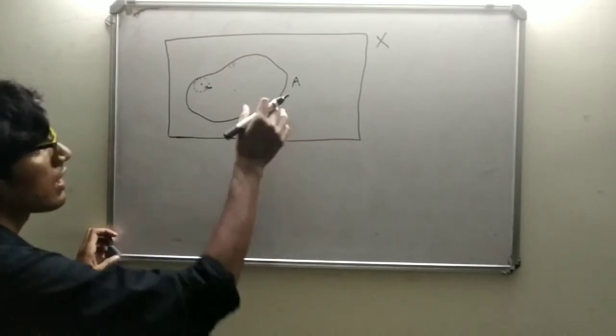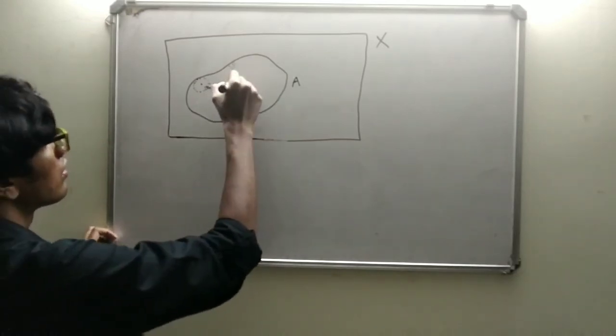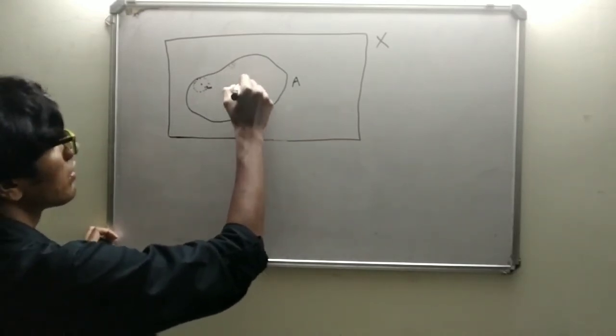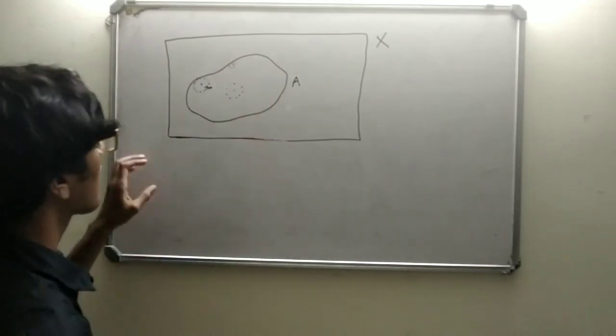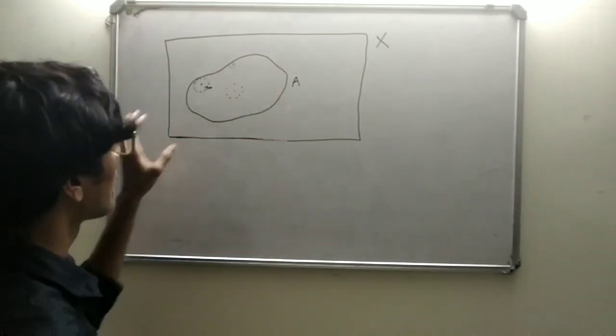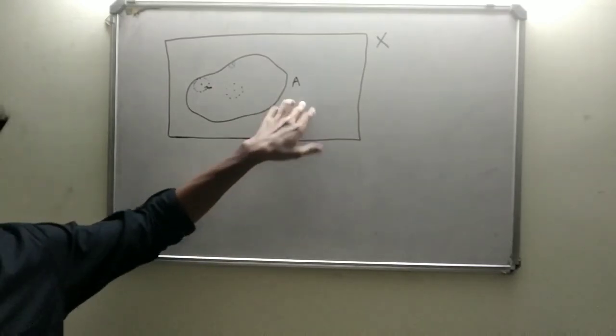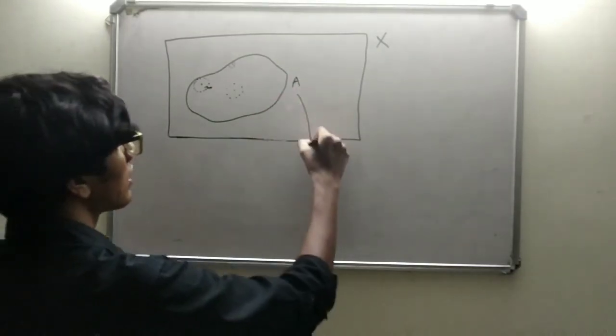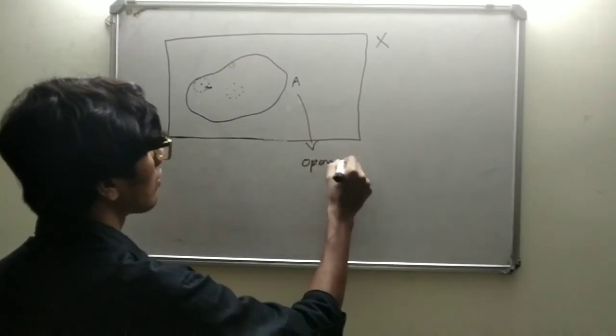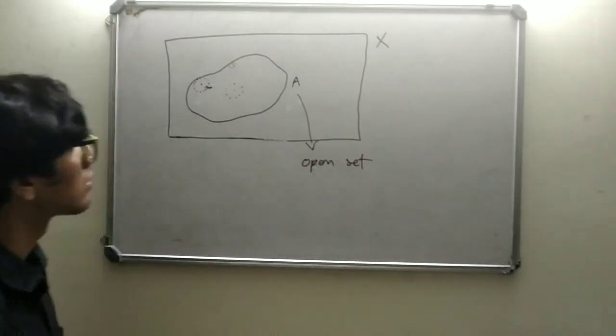So whatever point you are at in A, if you can find an open ball which is completely contained in A, then the set A is said to be an open set.